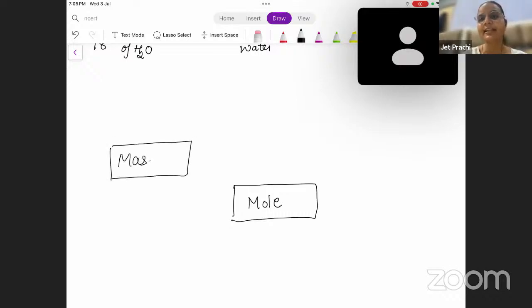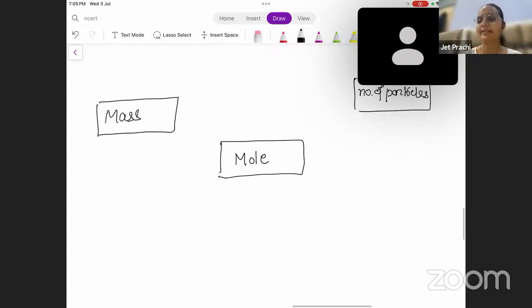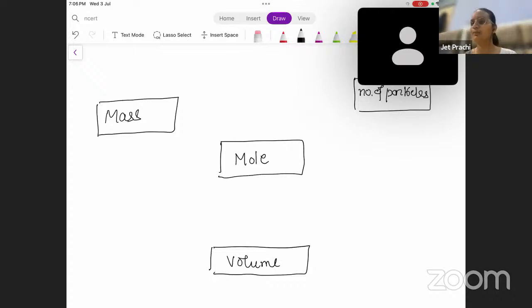This can be related to mass. That's what we did, right? From 54, we wanted to find out the number of moles. It can be related to the number of particles. And also we have volume.